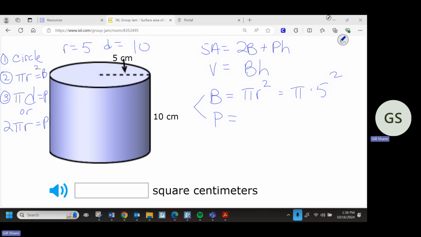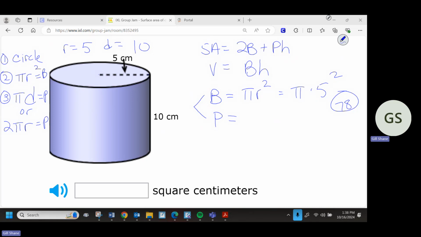Some kids on the original quiz said 5 times pi, got an answer, and then squared that number. That will not give you the correct answer. You have to do order of operations, which means exponent first, 5 squared. So that'd be 25 times pi.